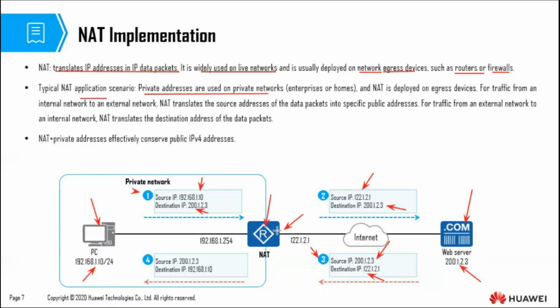So this packet is going to come up to our egress device. Now, our egress device will maintain a mapping table between the public and private addresses. We're going to see how in a short while.